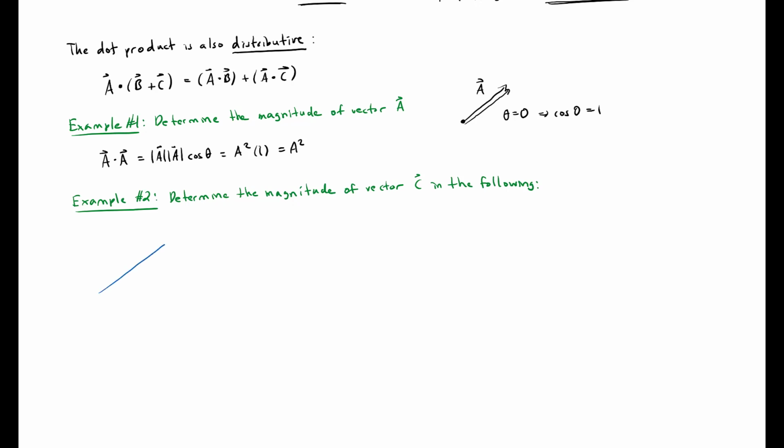So we have A, and then we have B, and we have a third vector C going this way. Okay, so our job is to figure out what C is, the magnitude of C.